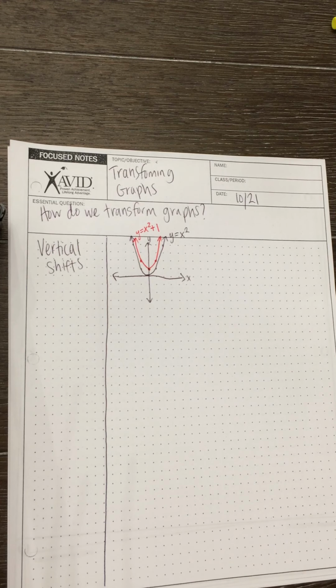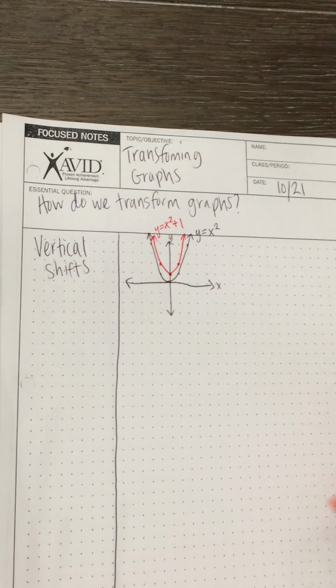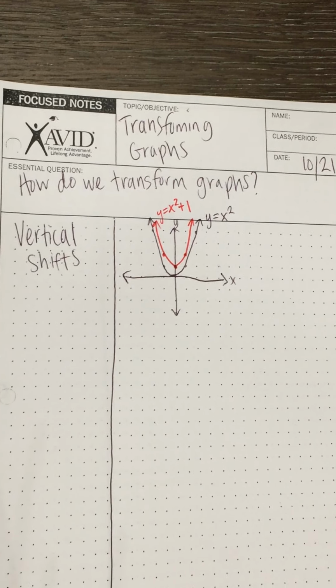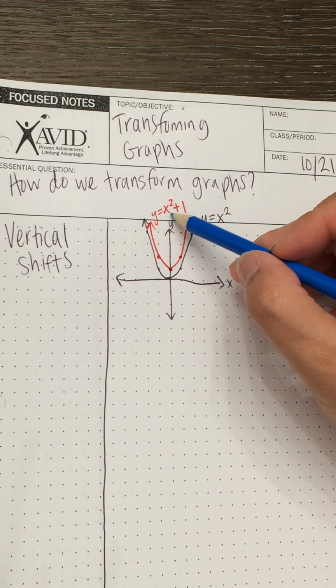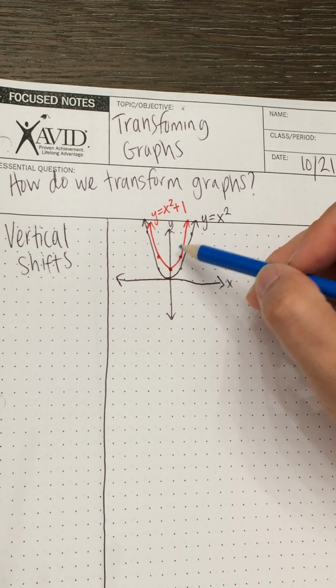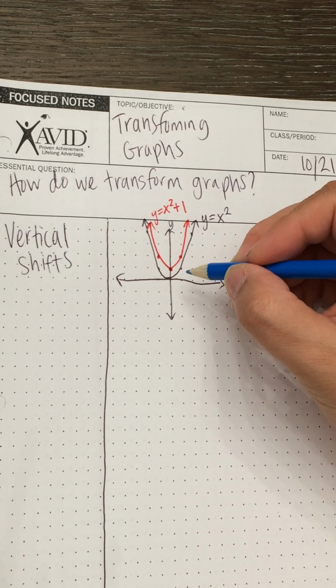Let's zoom in on that, because we don't need this right side right now. Alright. And in my notes I wanted to do plus 2, but I wasn't paying attention to my notes, so maybe this one down here. So x squared plus 1 made it move up 1. What if I did minus 2, right? What if I did y equals x squared minus 2?